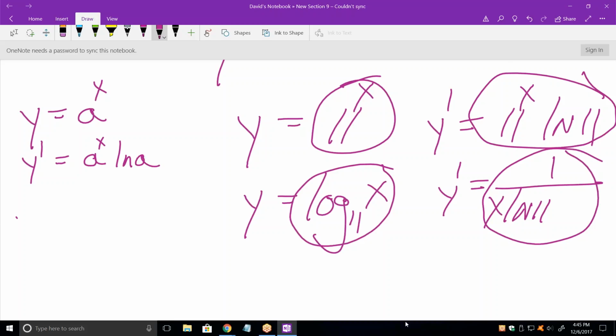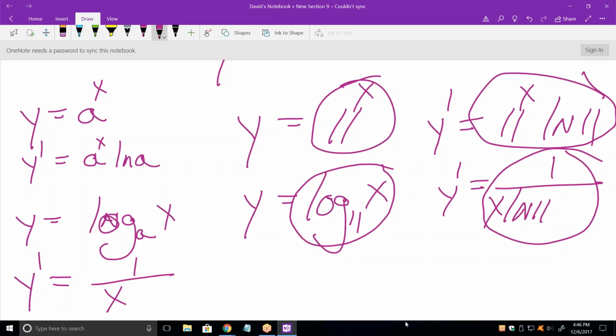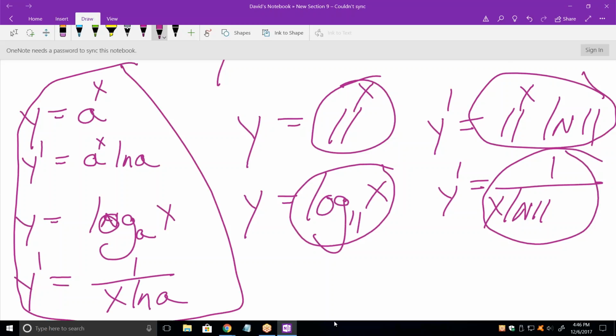And if y was equal to log base a of x, what's y prime equal to? 1 over x times ln a. Perfect. Those right there, if you can memorize that, do so. It's not so easy to do. I've been tutoring calculus for 8 years now, and before this session I did not have that memorized, but I do now.